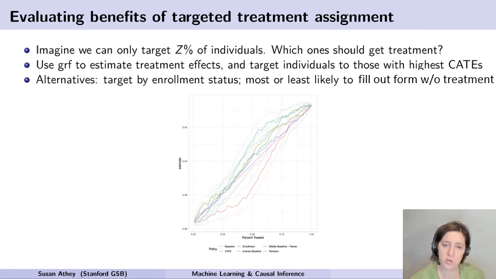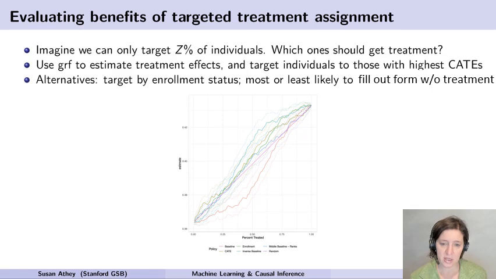But it turns out the nudge works best on the people who were already pretty likely to fill out the form. And so we see that this aqua line is higher than the pink line. And what that's saying is targeting people who were most likely to fill out the form already will be an effective targeting policy.